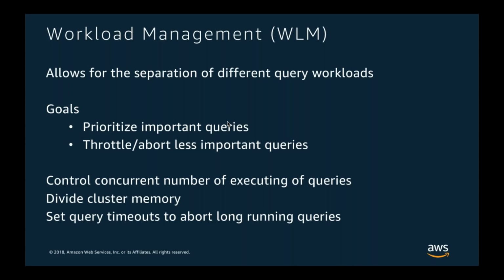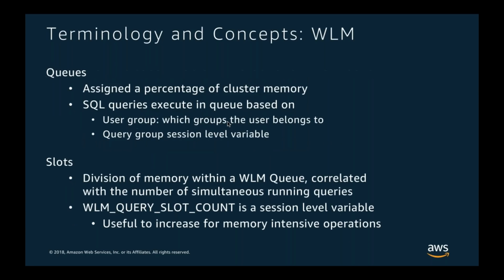Through workload management, what you could do is define what are called queues, right? Now, by default, the cluster has one default queue. When you submit a query, the query goes to the default queue. In addition, you as a customer can define additional queues and assign a percentage of the memory to each queue.